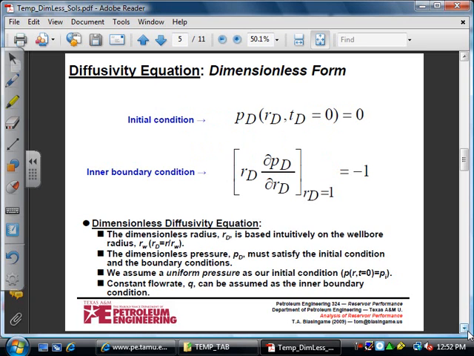Okay, as I said, we define our initial condition and the boundary conditions according to the problem. The initial condition is always the initial pressure.